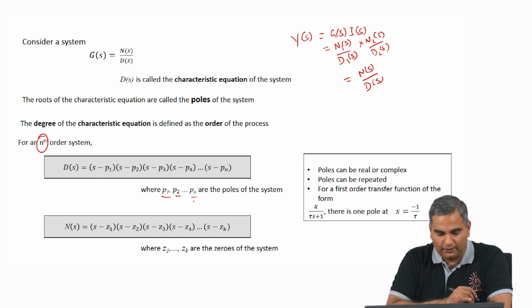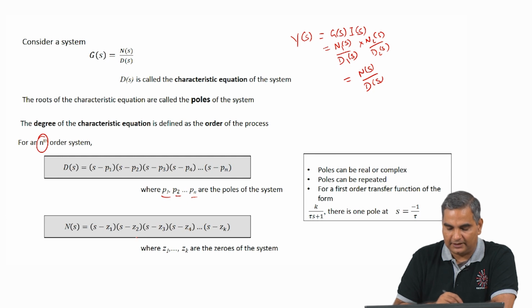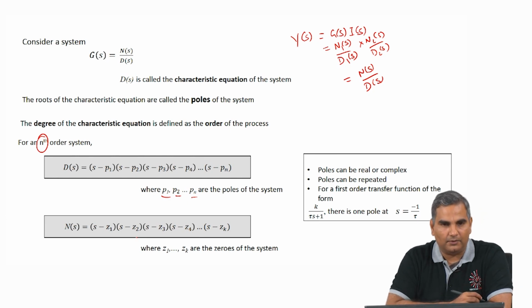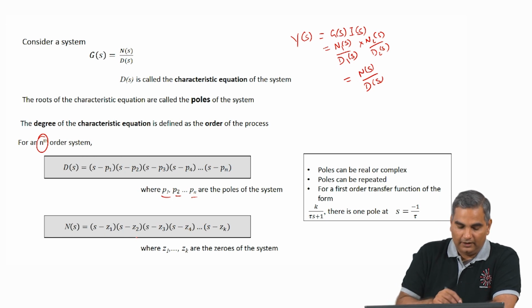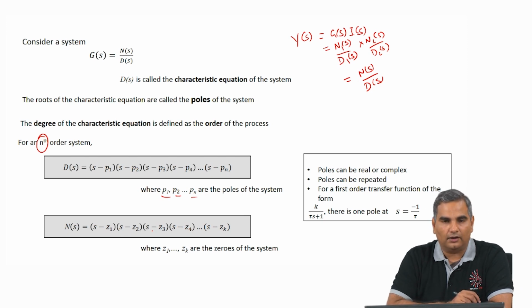Similarly, the numerator polynomial can also be written in a root resolved form, which is s minus z1, s minus z2 all the way up to s minus zk, if k is the order of the numerator polynomial. In this case, these roots z1, z2, z3 all the way up to zk are called the zeros of the system or the zeros of the transfer function.